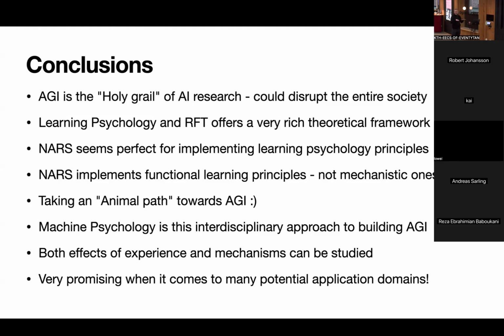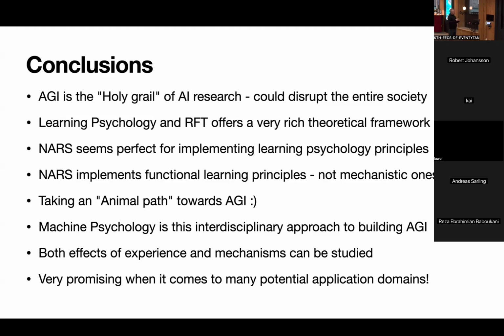It's more this self-organizing process of NARS that we can use to implement these, in a way, biological principles of operant conditioning, for example. So as you have also understood here, we take an animal path towards AGI by starting with the most basic experiments, which are still quite complex, operant conditioning, and building up from there.